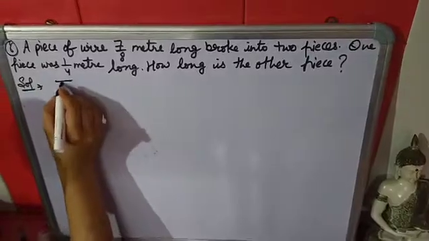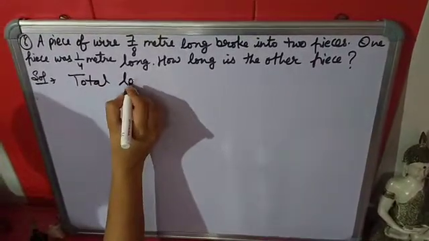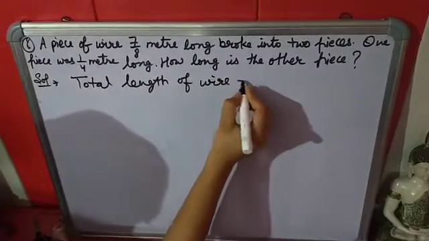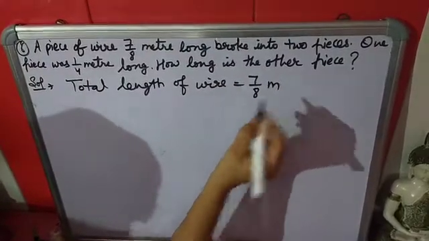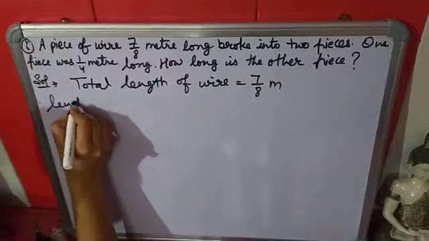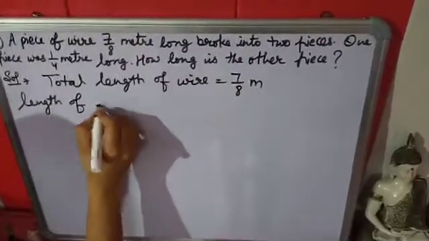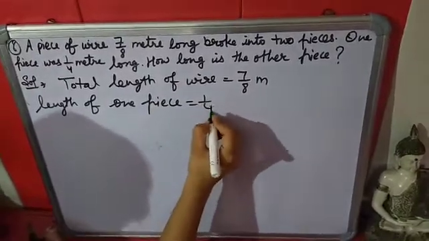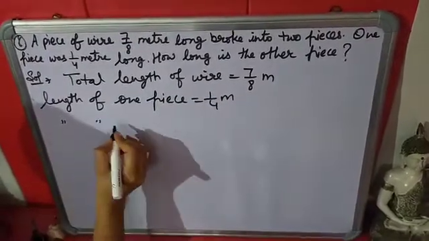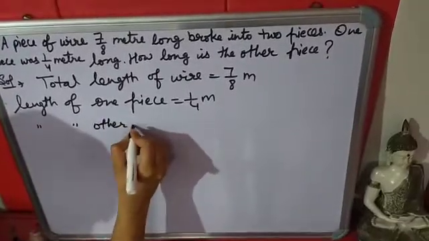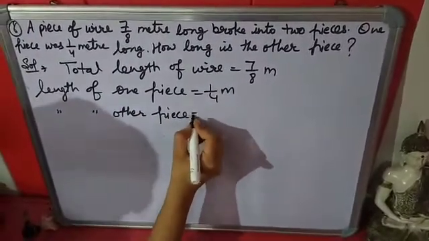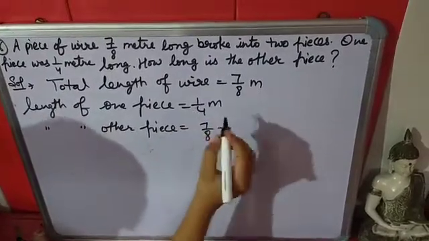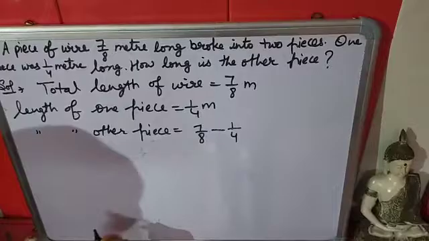You will write here: total length of wire is 7/8 meter. Length of one piece is 1/4 meter. You have to find the length of the other piece of wire. So for this, from the total you will subtract this piece of wire, 1/4.